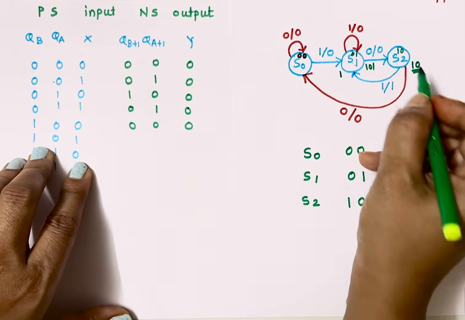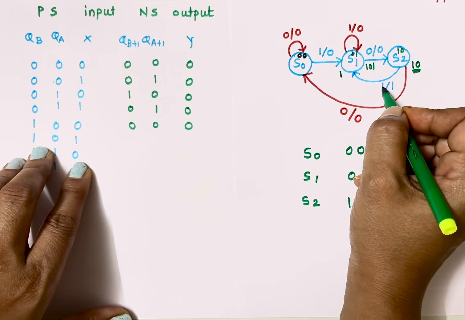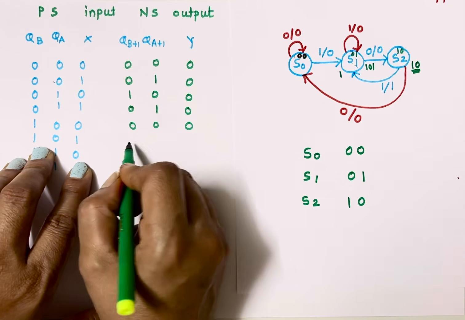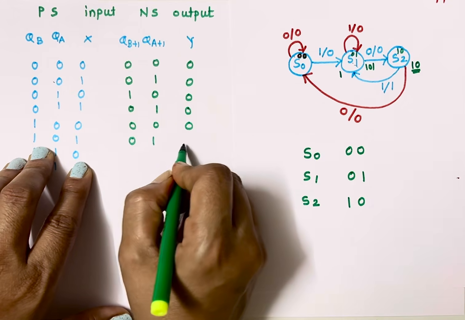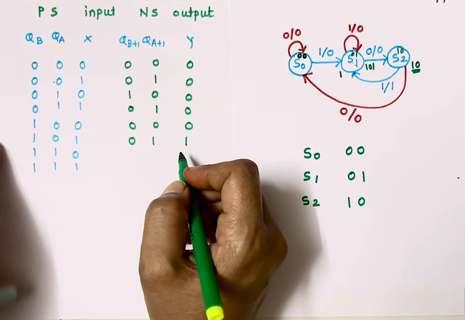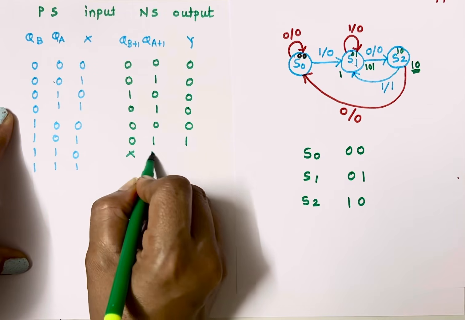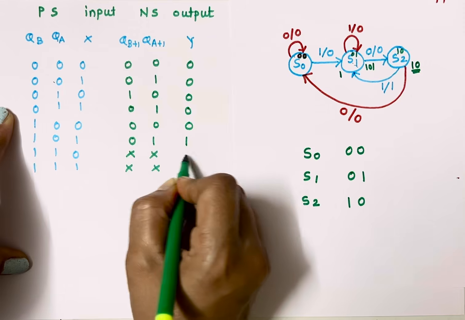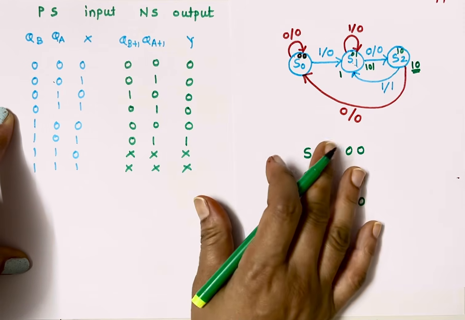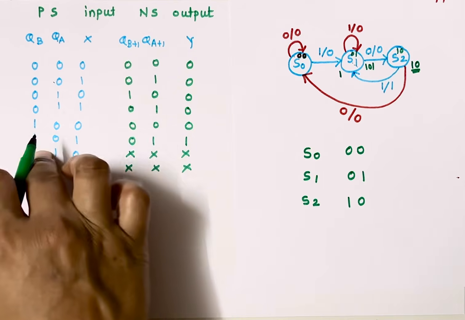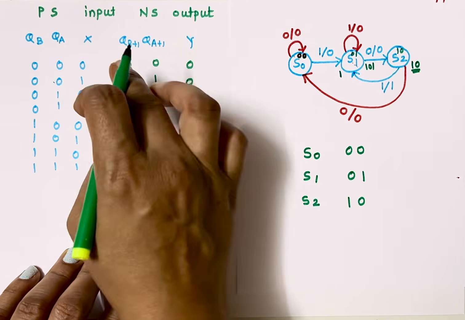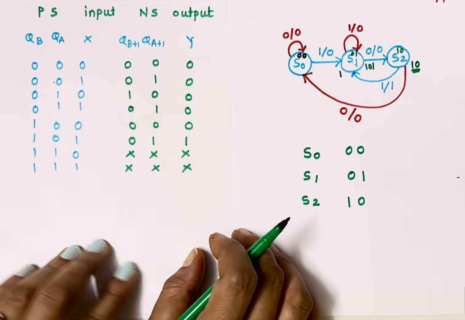But in case of 1 0, if my input is 1, then next state is 0 1 and my output is now 1. And we don't have the 1 1 state, so next state is don't care. Outputs are also don't care. So now these are my present states, these are my next states, this is my output, this is my input.